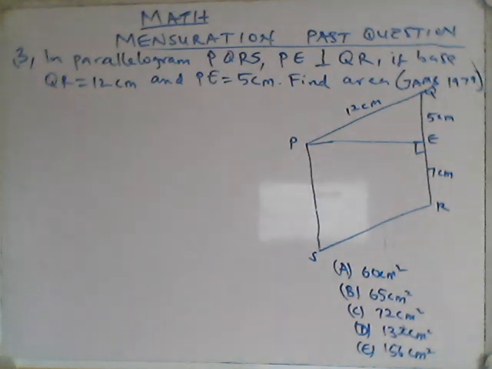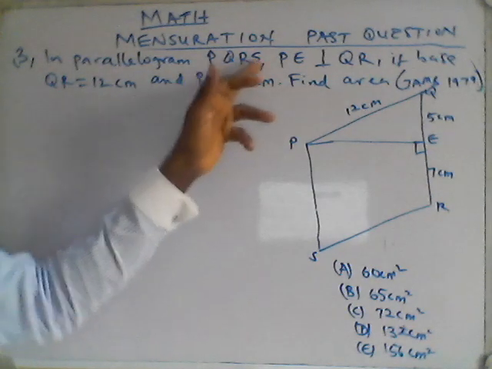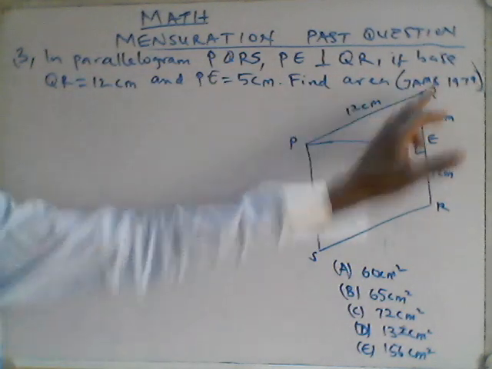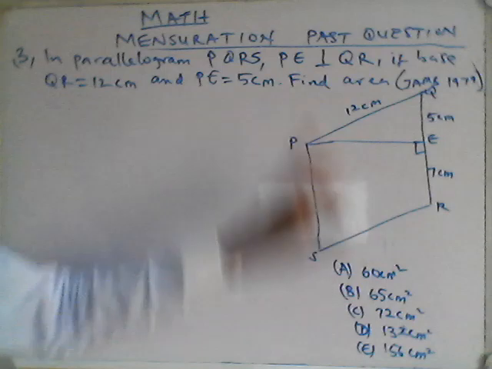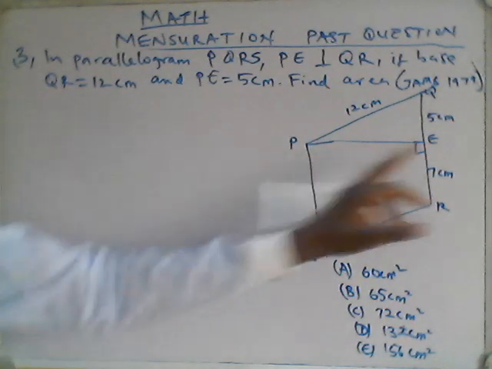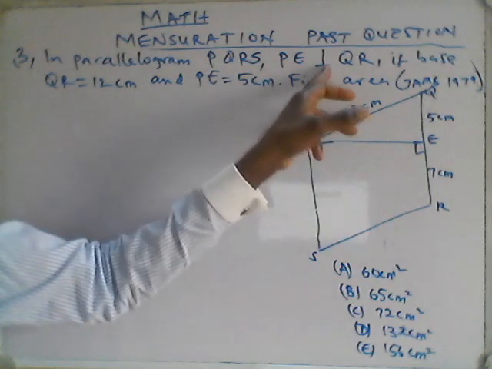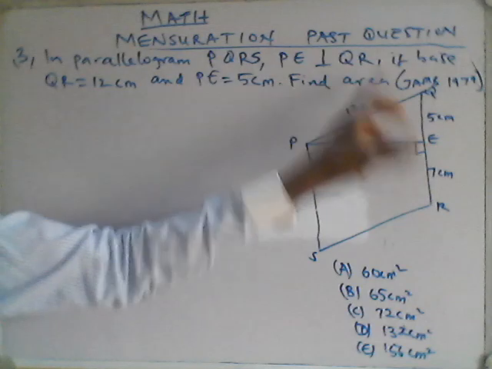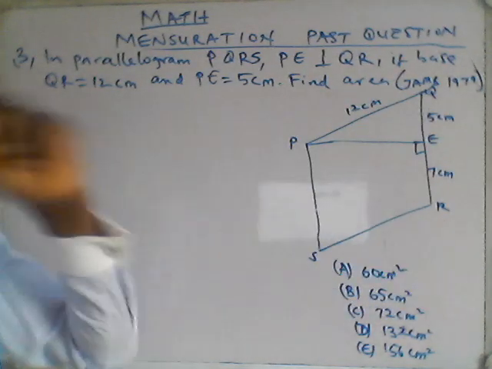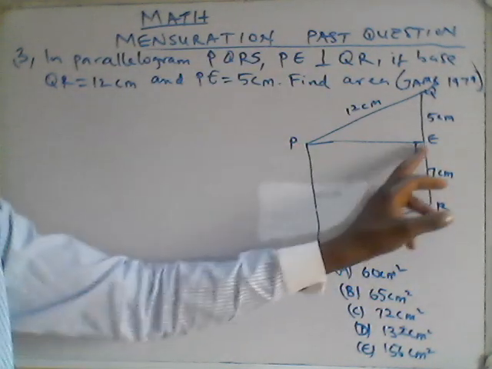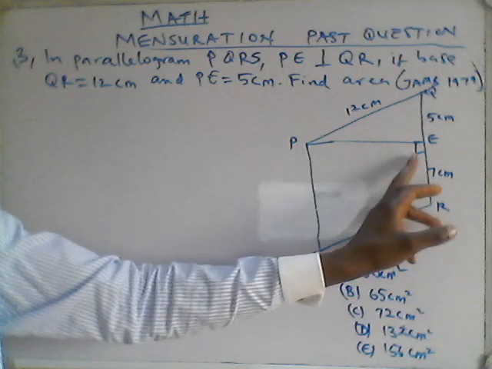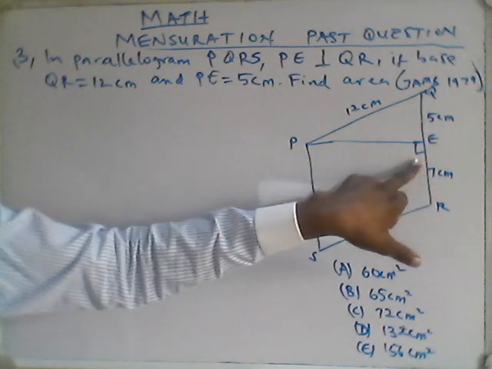Okay, so I have this question on the board. It says, in parallelogram PQRS, this is parallelogram here, PQRS, all right? PE is perpendicular to QR. Perpendicular means that this line PE is meeting this QR at 90 degrees. That's why I'm having this 90 degree sign here.